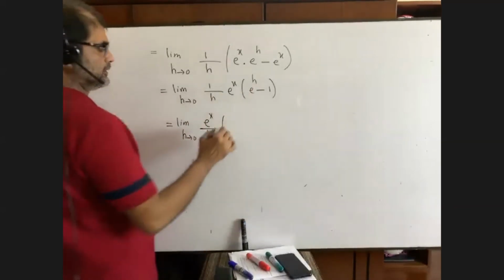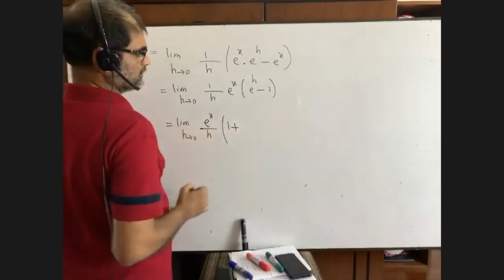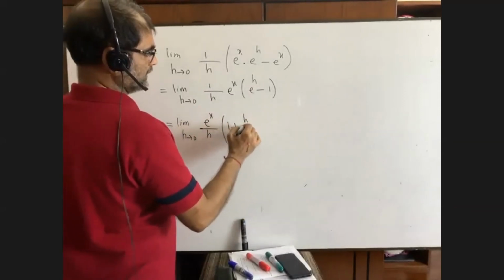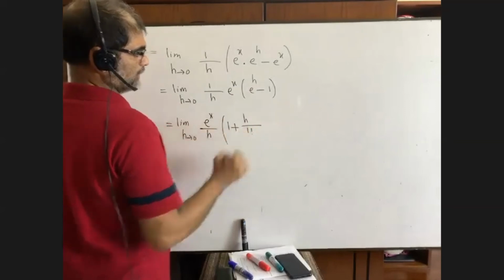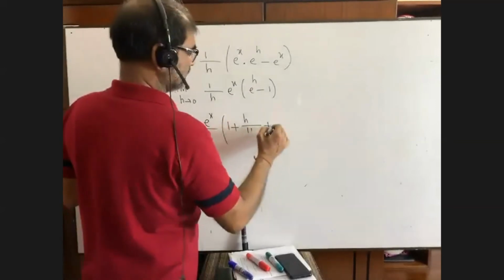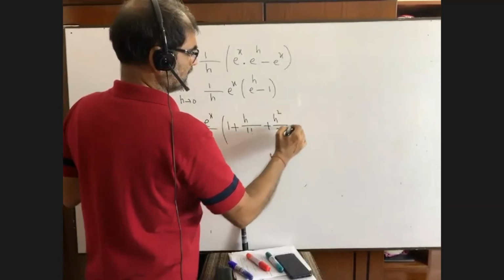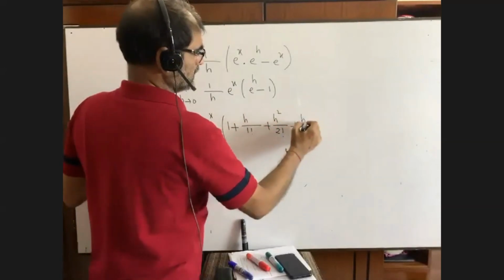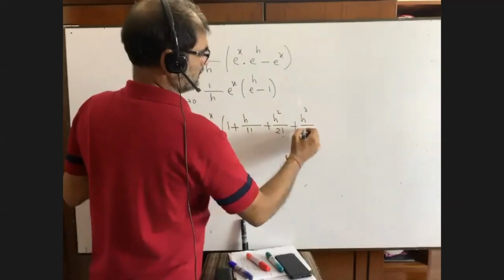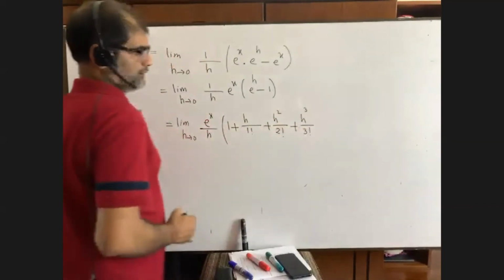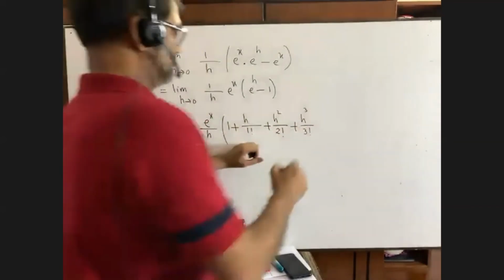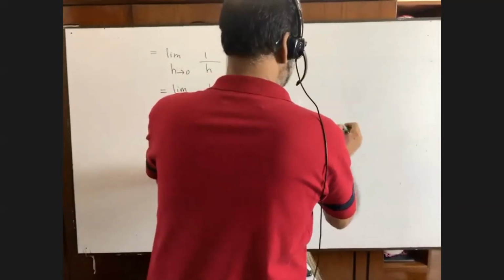E to the power h is 1 plus h by 1 factorial plus h square by 2 factorial plus h cube by 3 factorial. Am I right? Up to the highest power of h, right?